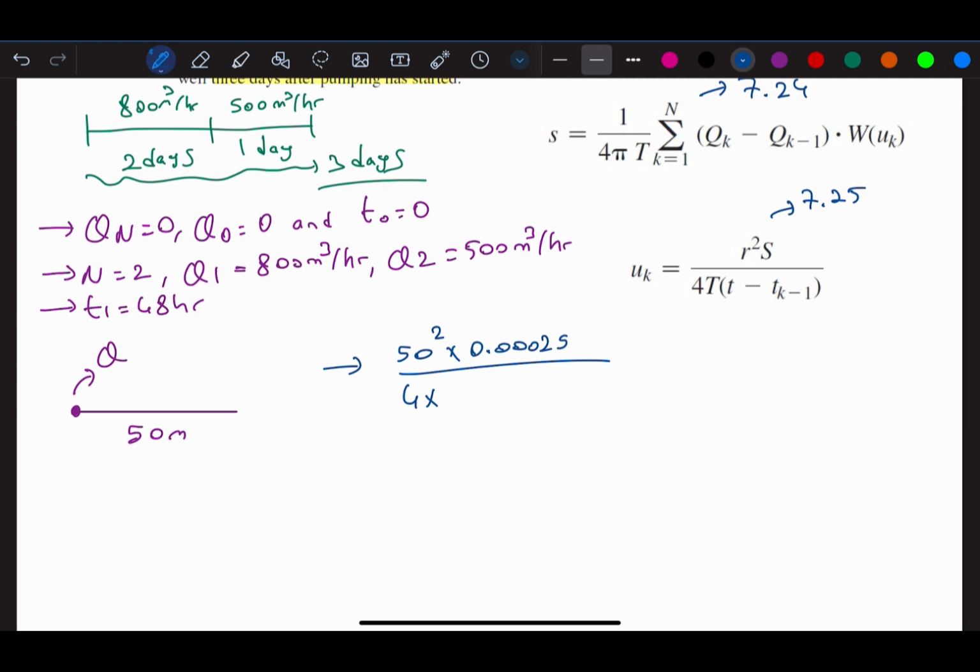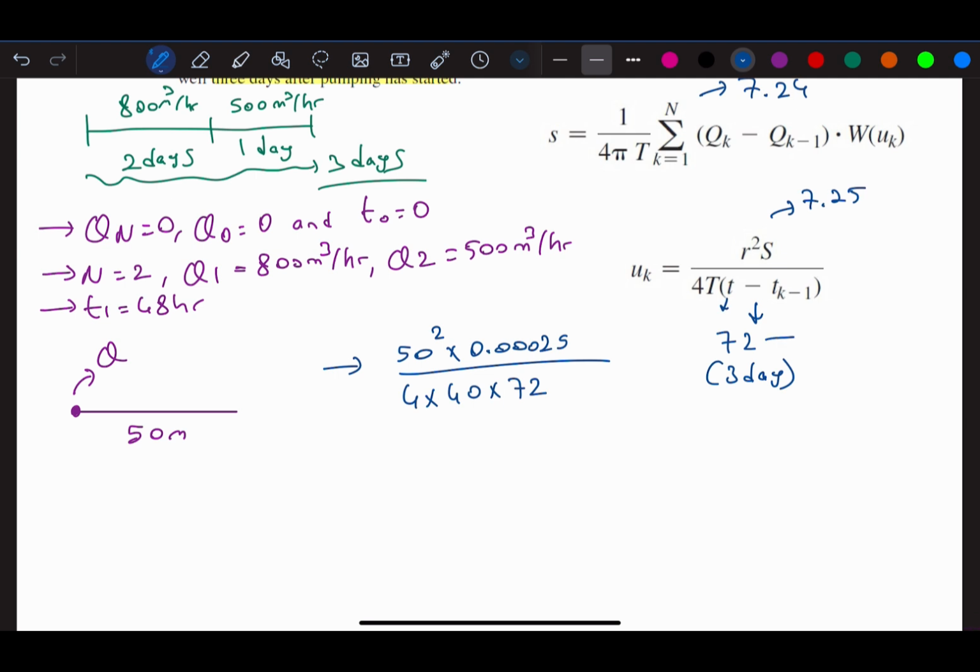We have 4 times 40 as transmissivity. And we have 72, because this time we will have the total duration as 72 hours, which is 3 days.